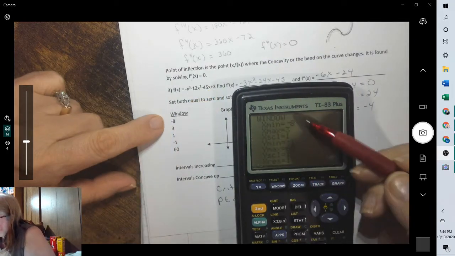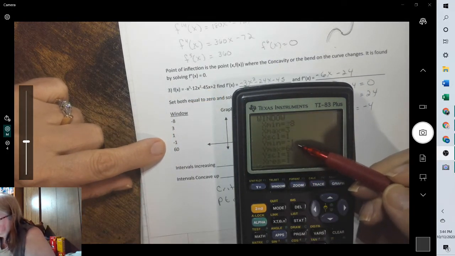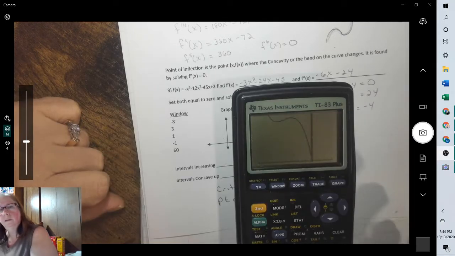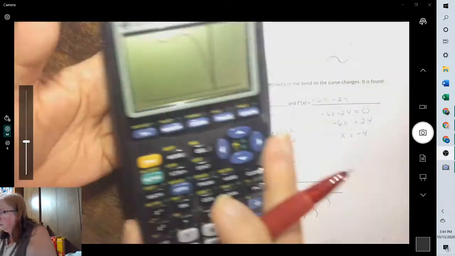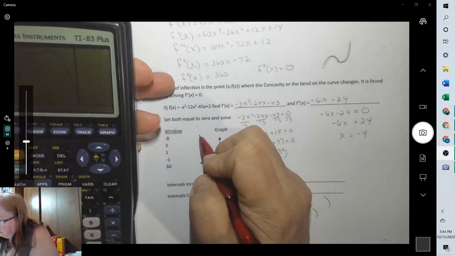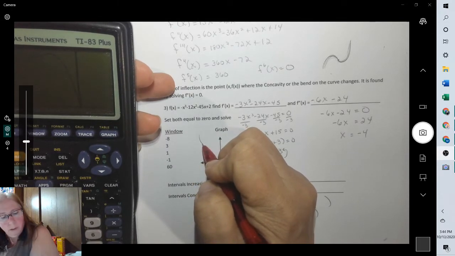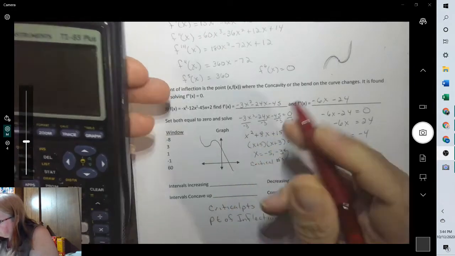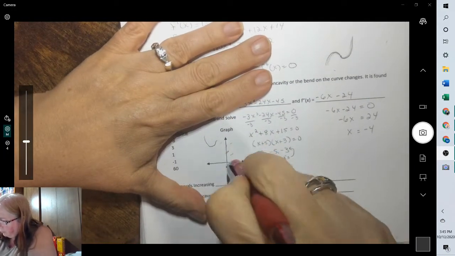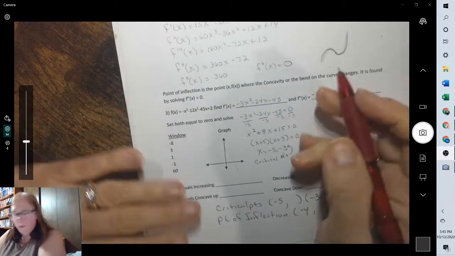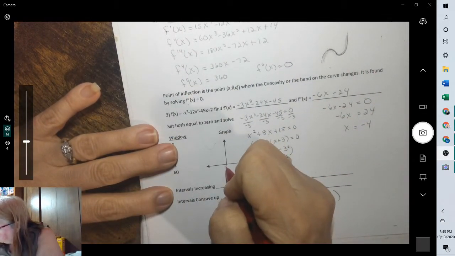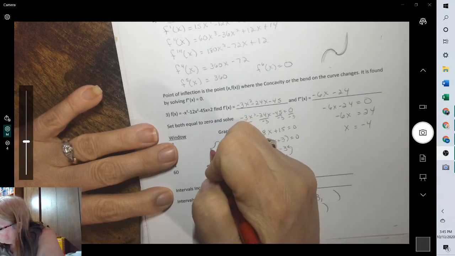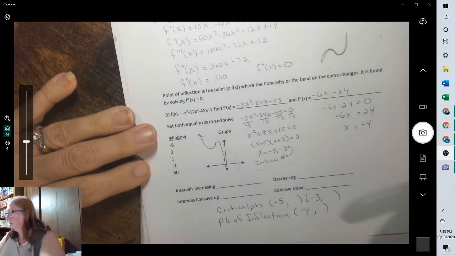Then go to our window, negative 8, 3, 1, negative 1, and 60. And there's our graph.